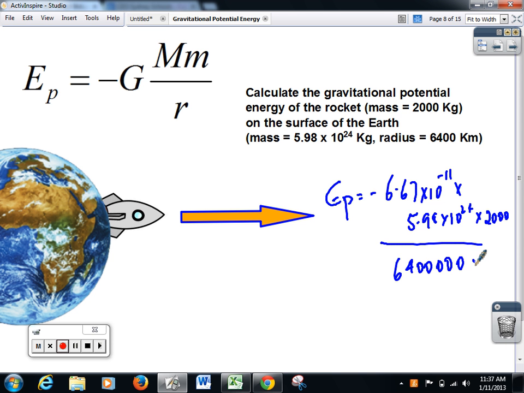Now, because the Earth is massive, the gravitational potential energy will be massive. How many joules is that?